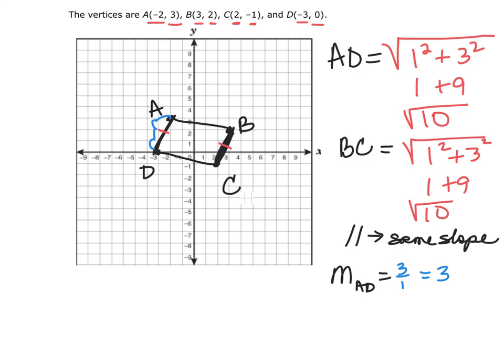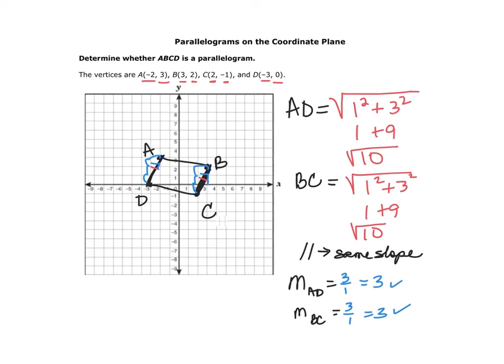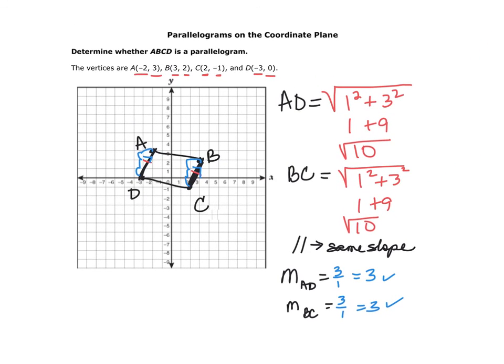And then the slope of our BC is up 3 over 1. And so since they have the same slope, we know that these two sides are also parallel. So I have one pair of sides that are both congruent and parallel. So ABCD is a parallelogram.